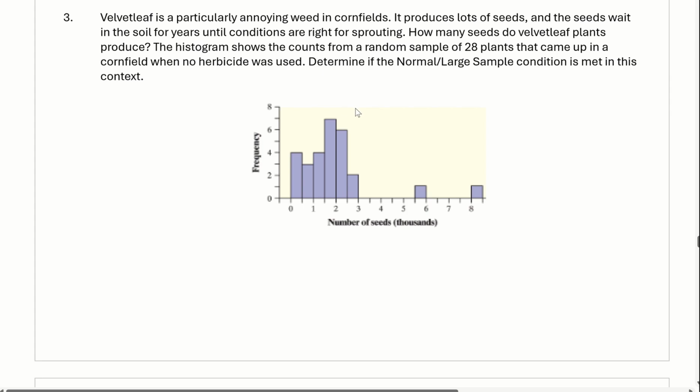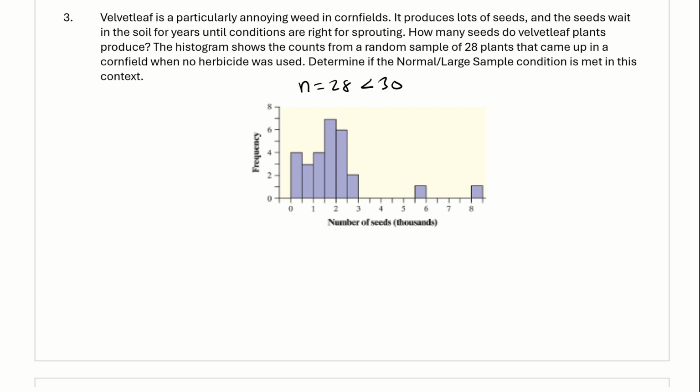All right, so we know that n is equal to 28, which is less than 30. And so therefore, by the normal large sample condition, we must provide a graph to determine if there's enough evidence to say if there are any outliers or strong skewness, all right?